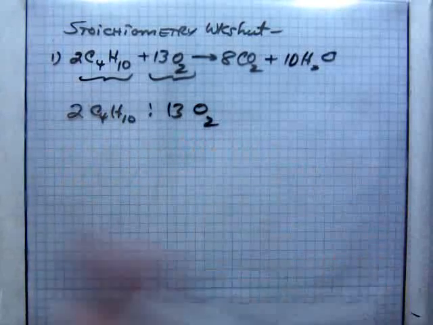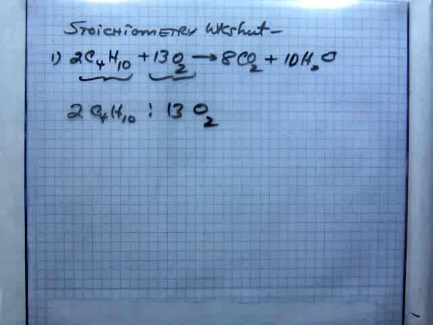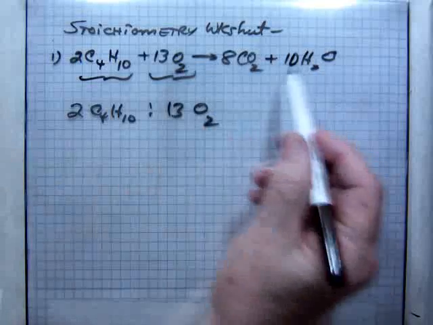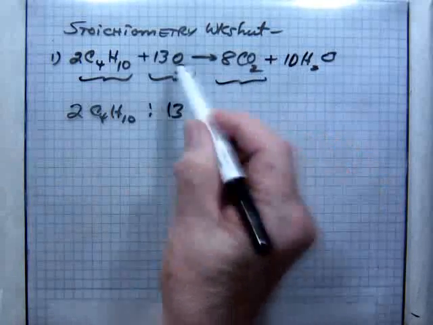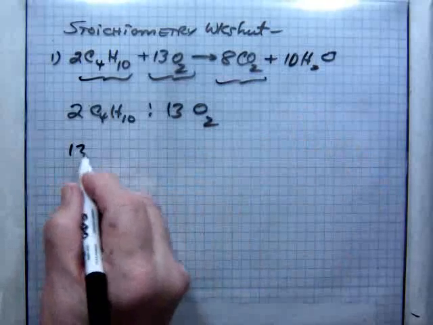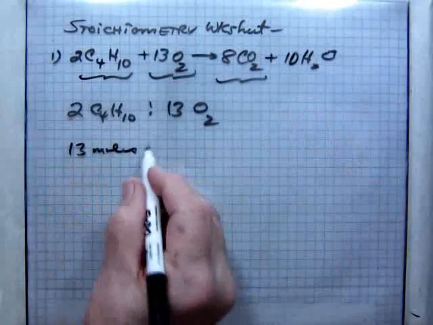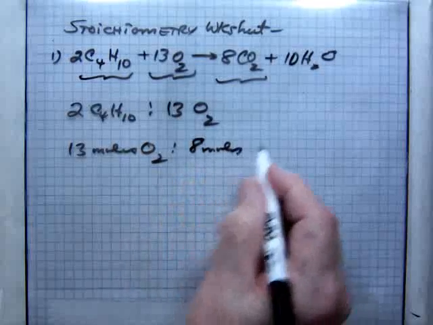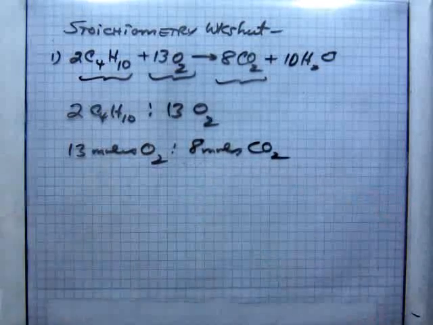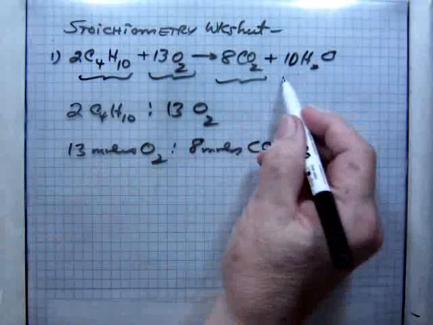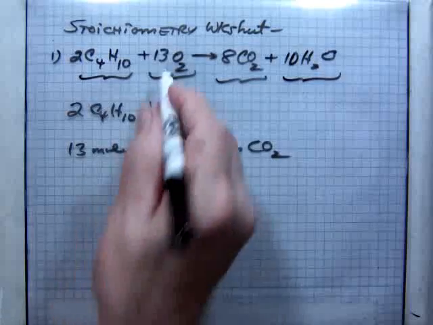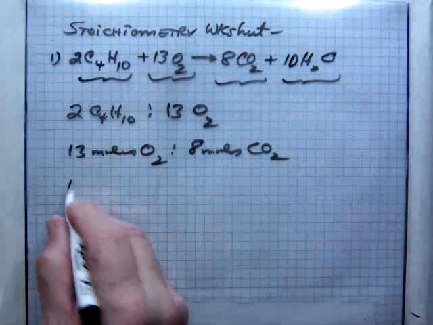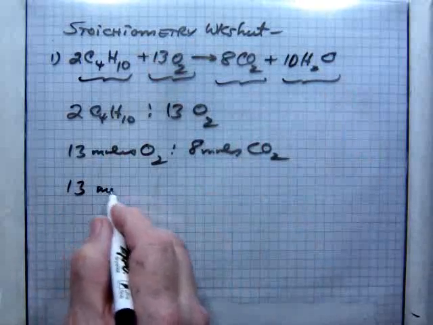Simple, just read oxygen and CO2. So we're looking at oxygen and the CO2. That's the 13 to 8. So that's 13 moles O2 to 8 moles CO2. And that relation, O2 and water, that's 13 to 10, 13 moles to 10 moles, and so forth.